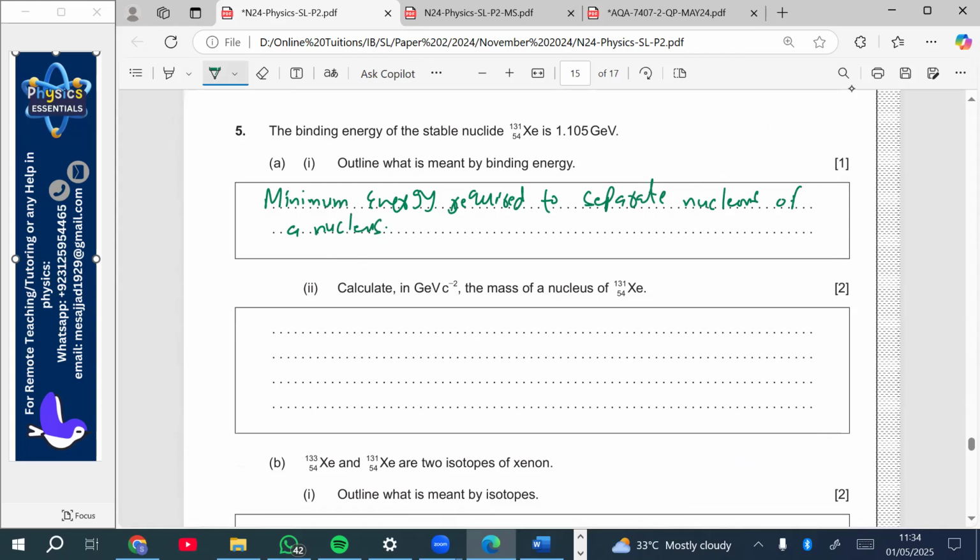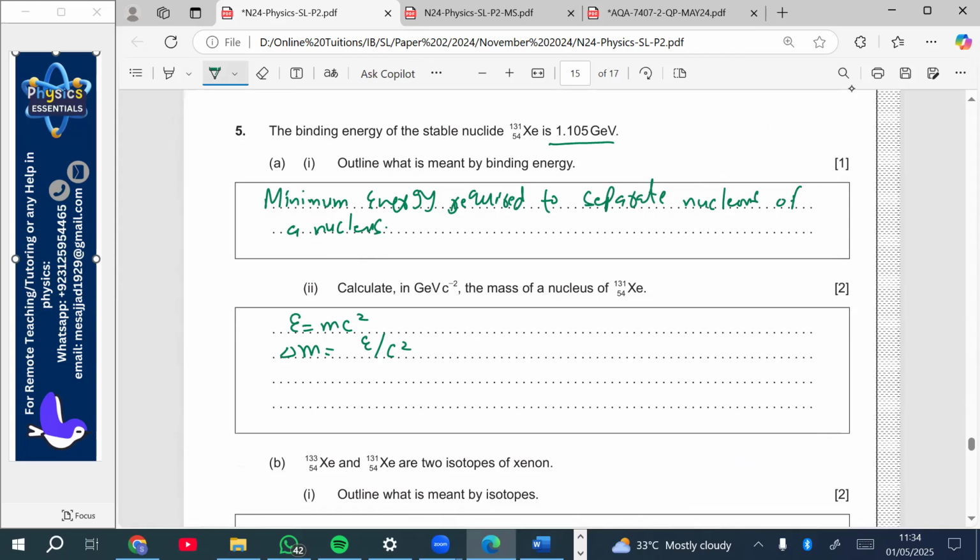Calculate in gigaelectron volt per c square the mass of the nucleus of xenon. So this c square is actually the speed of light. And you should know that E equals mc square, right? So we need to find out simply the mass. When we calculate the mass, it will be E over c square, right? And the energy is given in gigaelectron volts. You can see 1.105.